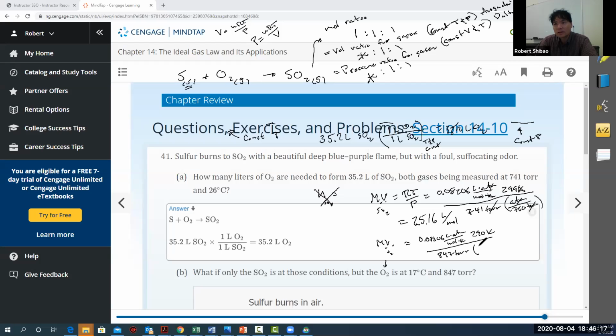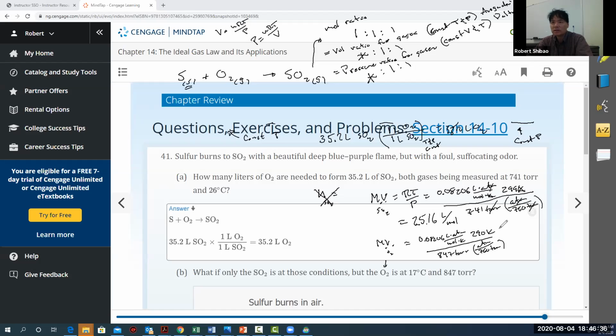And then convert that to atmospheres. So it's going to be 0.08206 times 290.